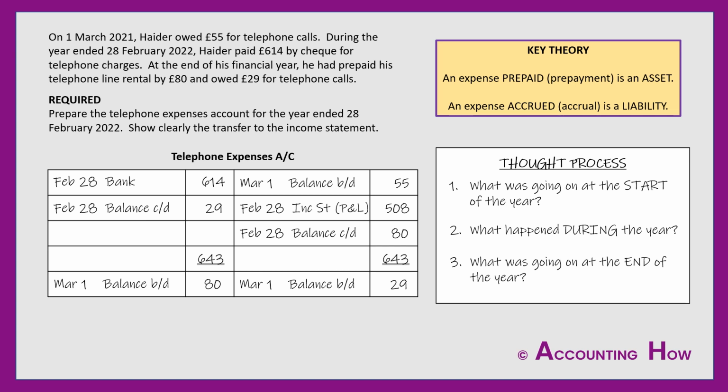And that account has enabled us to work out that the answer to that question is £508. In other words, Hader has used or spent £508 worth of telephone expenses during this financial year. And so that's the figure I need in his income statement. That's what's going to be transferred to his income statement, and that will enable him to have a true and fair profit for this year.